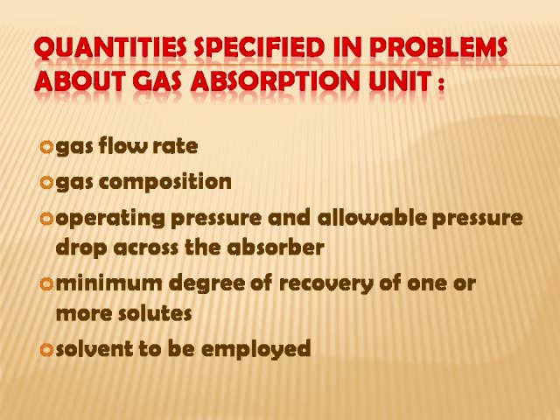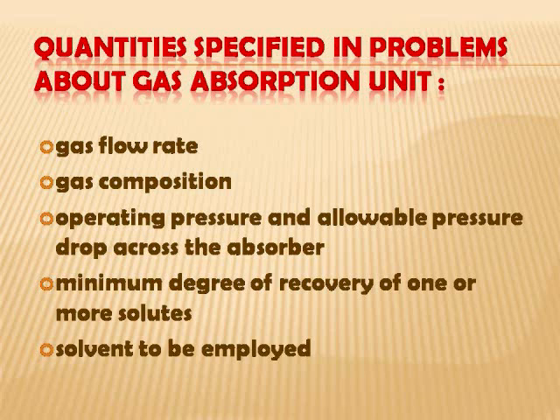Then, the minimum degree of recovery of one or more solutes and, possibly, the solvent to be employed. However, the operating pressure, the minimum degree of recovery, and the solvent to be employed are actually subject to economic considerations and therefore are sometimes left up to the designer.